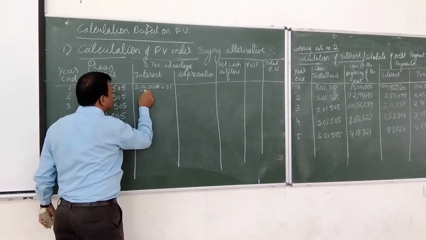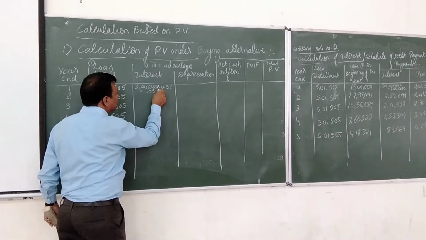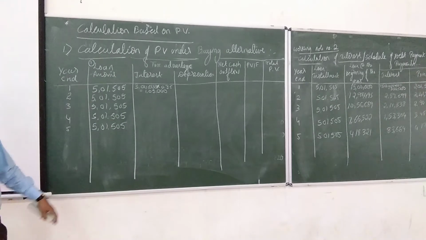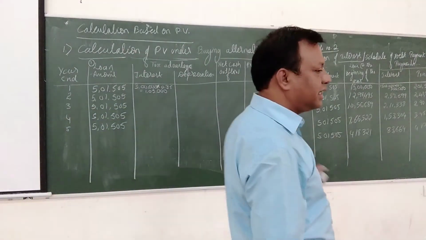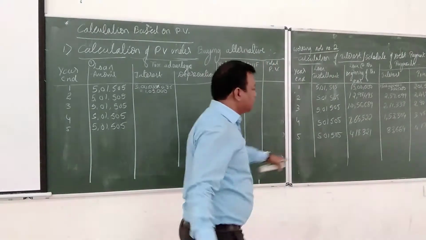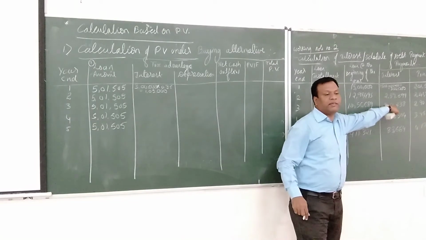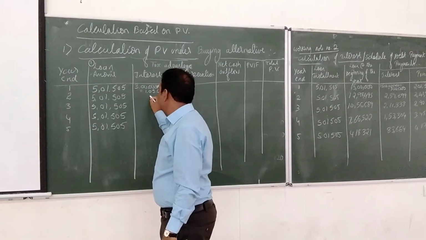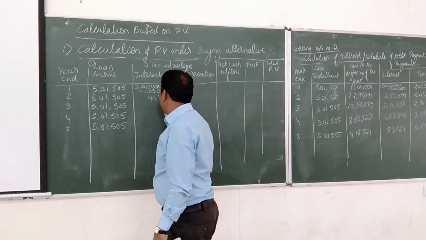How much do we get? 1 lakh 5,000. Exactly 5,000? 1 lakh 5,000 we got. In the same way for the second year, interest is 2,59,699 into 35%. How much? 90,897.